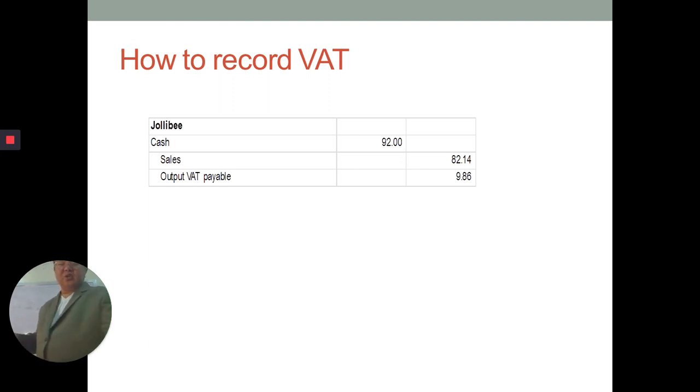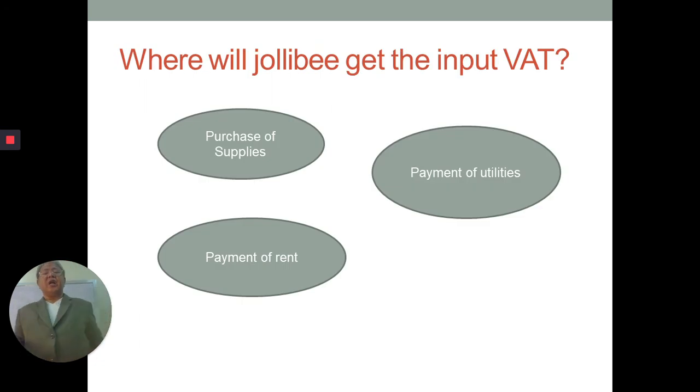Now, the output VAT is a liability, and that will be shown as part of the current liabilities of the company. The question is, is that the amount they will have to remit to the BIR? Yes and no. Yes, if there is no input VAT.